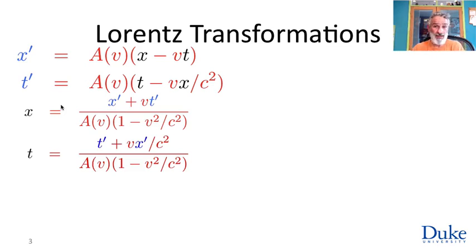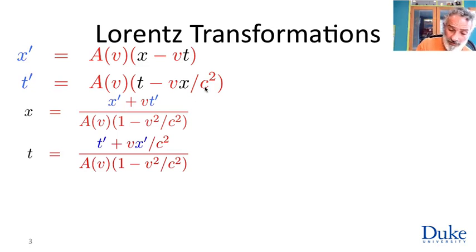Remember, x and t are the position and time of a particular event as measured by the black observer, for whom the blue observer observes position x prime and time t prime. And so, remember, the black observer is moving relative to the blue observer with velocity minus v. So if our relativistic transformations are going to be correct, we know how to relate x and t to x prime and t prime.